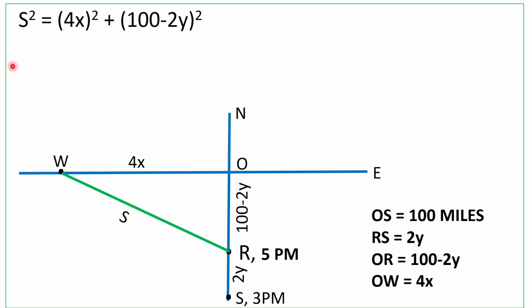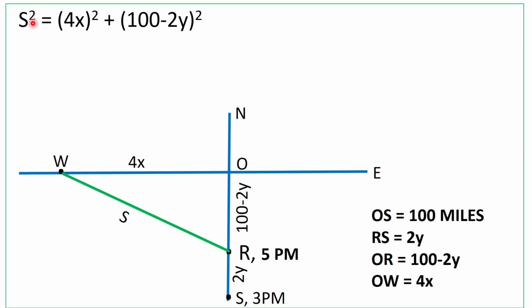According to the Pythagorean theorem, hypotenuse squared equals base squared plus perpendicular squared. The hypotenuse is equal to S, which we have to determine. The base is equal to 4x, so 4x squared, and the perpendicular is equal to 100 minus 2y, so 100 minus 2y squared.